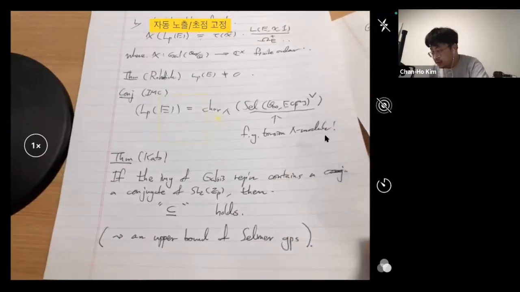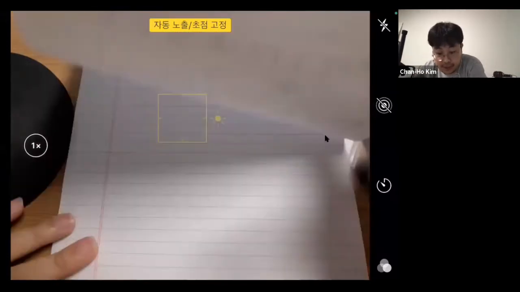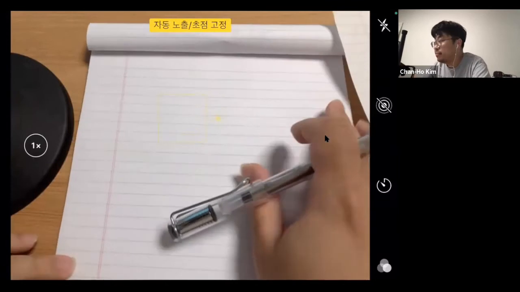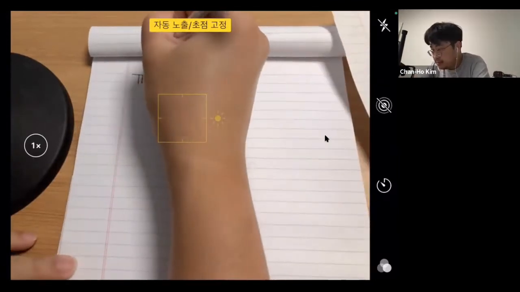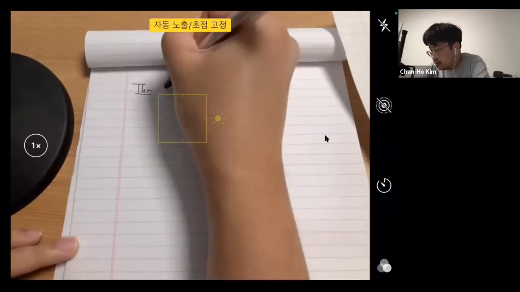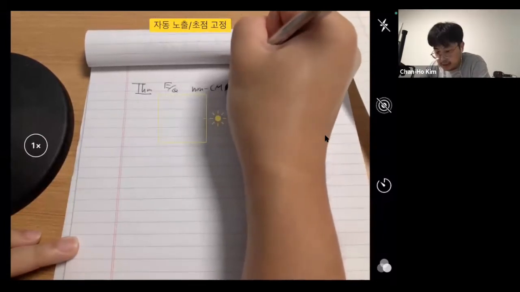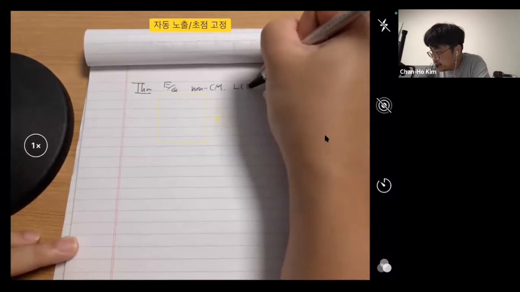Okay, and using this, what we can really prove is the following theorem. So E over Q is a non-CM elliptic curve, and the L value doesn't vanish.